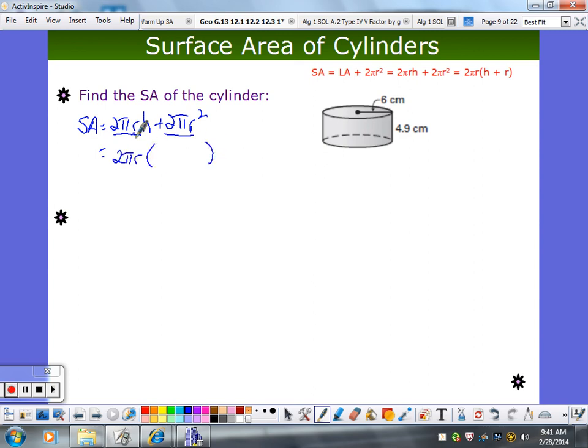Let's factor that out. What's here? An h and another r. I find this one's a little bit easier to work with when you're trying to fill these guys out. So, what do I have here? R is 6 and h is 4.9. So 2 pi times 6 times 4.9 plus 6.